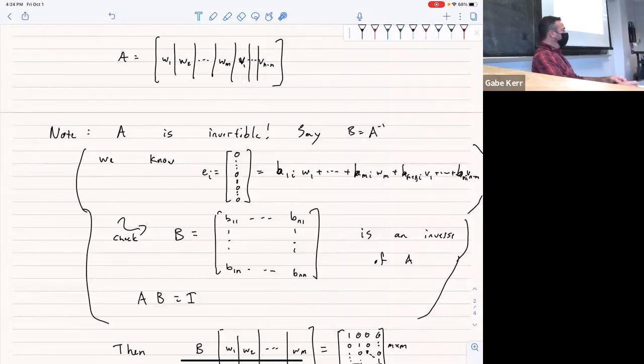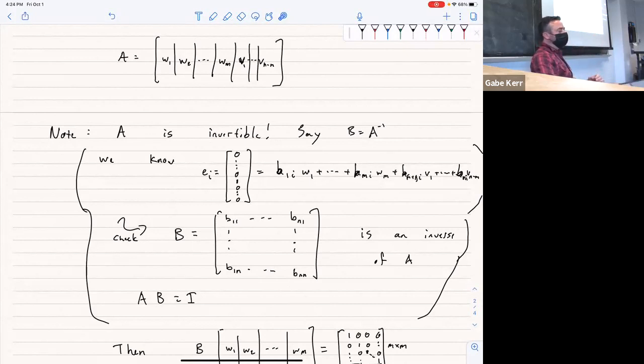So I would look in the book and see if that's there. You can think of having a unique solution to the equation AX equals B as precisely saying that these vectors span and that they're linearly independent. A solution exists because they span, and the uniqueness of that solution is the fact that they're linearly independent. So all of these things are the same kind of statement, just cast in different ways.